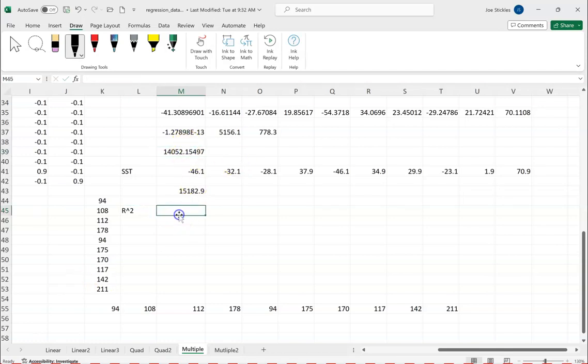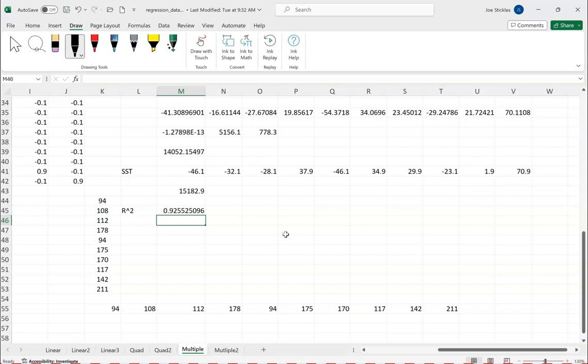Oops, I actually need an equal sign. Divide that by that. The quotient of those two things. Get 0.9255. That's a pretty good model, right? You have that R squared value around there. That's pretty good. In real life, you're probably not going to find an R squared that high. Life is more chaotic than that.